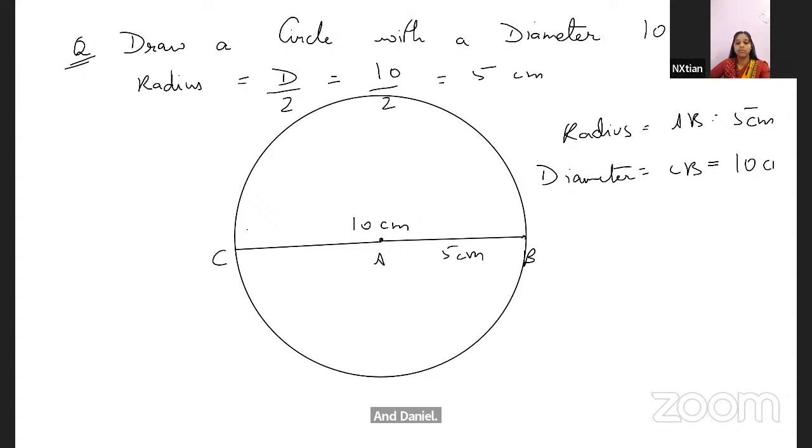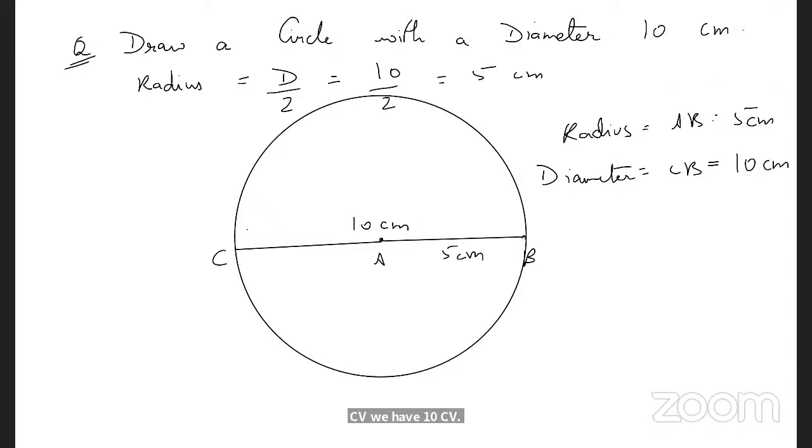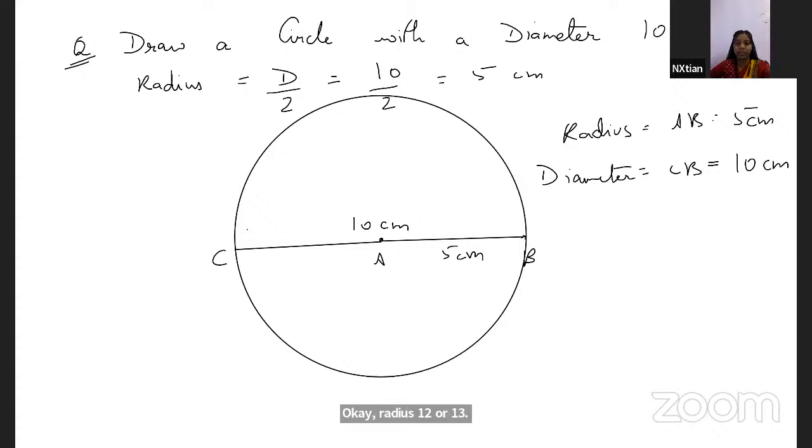Ma'am, when we have to draw a circle, you will never have a radius bigger than 12 or 13. Abraham, usually that bigger radius is not given to you in the exam, okay?